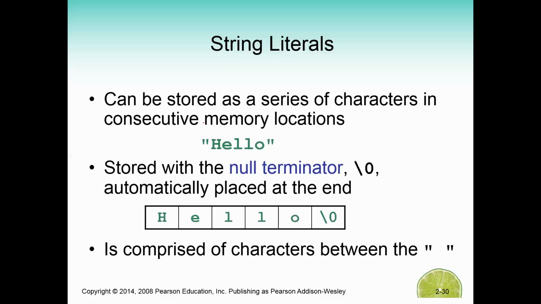They require double quotes because they send a signal to the control unit, indicating each one of these characters requires a byte of storage, and you're going to stop at the very end when you find a null terminator, a stop sign.